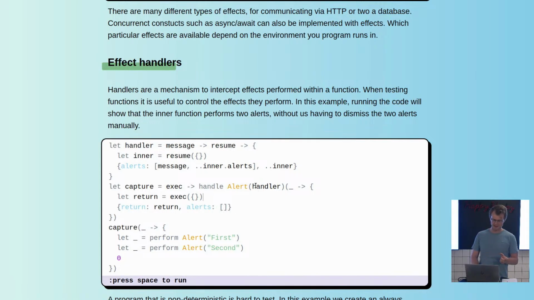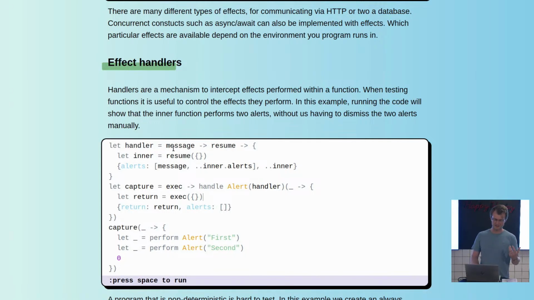So what you pass in is a handler, and then the function that you want to run. When you handle an effect, the handler is given the message you raised, the thing that was lifted, the thing that was thrown, is the best way to think of it, and then a function to go back where you were.